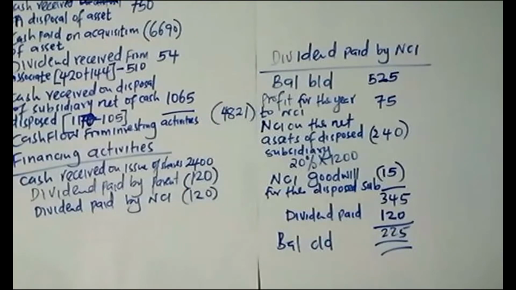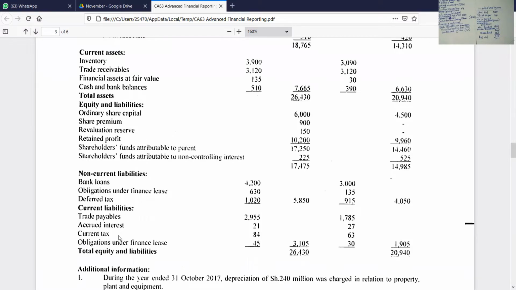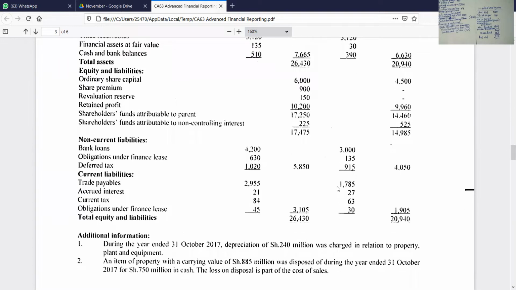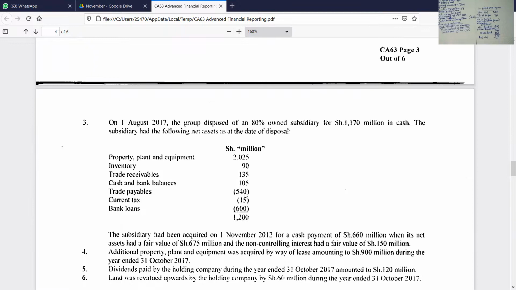So after that, we move to the next part of this question. After the NCI, we move to the bank loan. For the bank loan, I can see that at the start of this period it was 3,000. Was the disposed subsidiary having any bank loan? There is this bank loan of 600 for the disposed subsidiary, we minus, so we have 2,400.